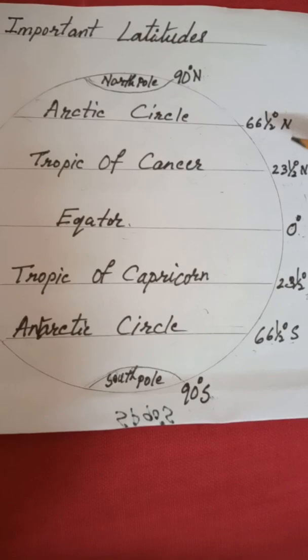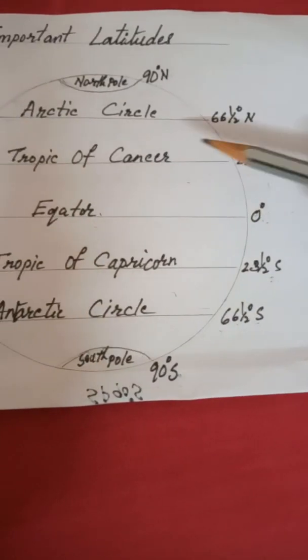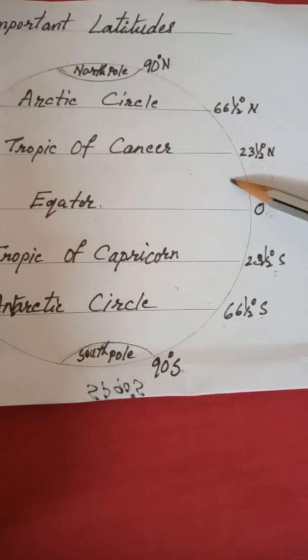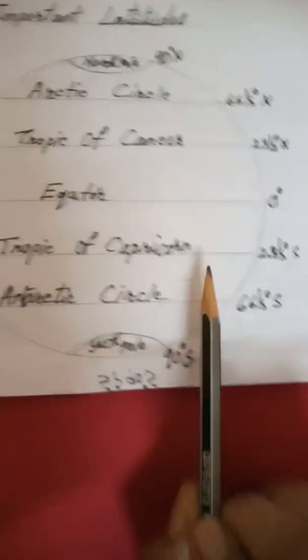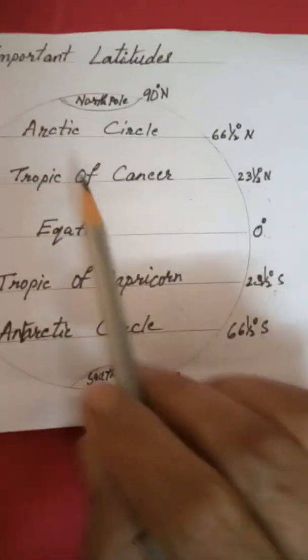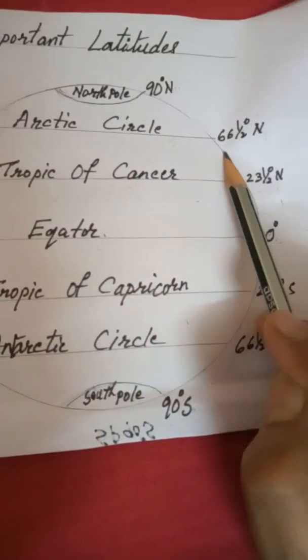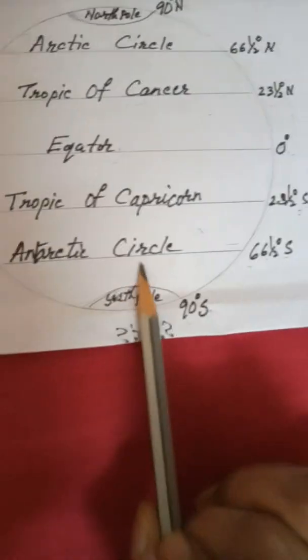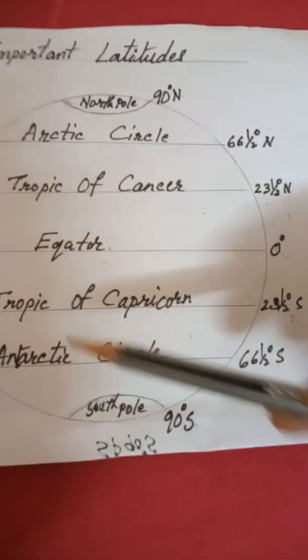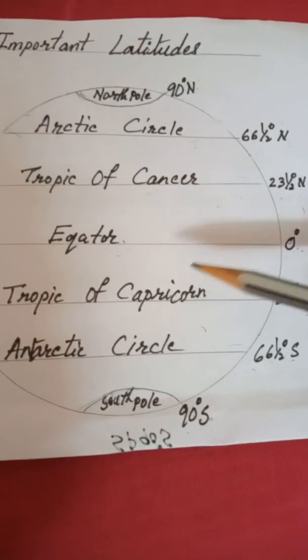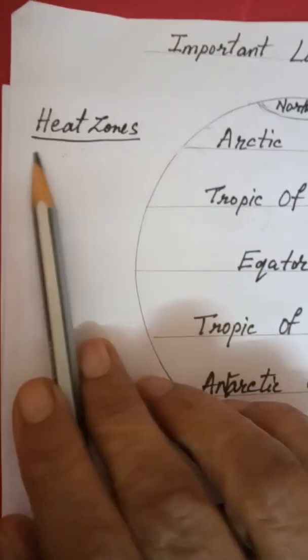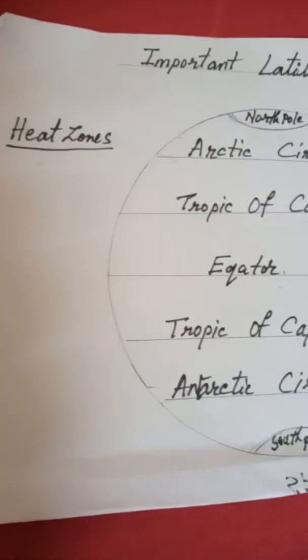Besides this there are the Tropic of Cancer at 23 and a half degrees north, Tropic of Capricorn 23 and a half degrees south, Arctic Circle 66 and a half degrees north, and Antarctic Circle 66 and a half degrees south. These important latitudes help us to locate places on the globe, as well as divide the earth into different heat zones, which we are going to deal with in the next video.